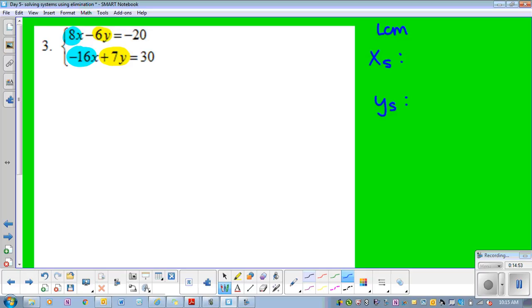Okay. So tell me, for my x's, what are the numbers that are in front of both of the x's? Okay, so we have 8 and we have negative 16, right? How about the y's? Negative 6 and 7. Okay. You guys see what I'm doing here?